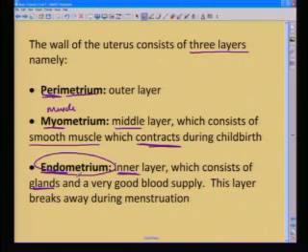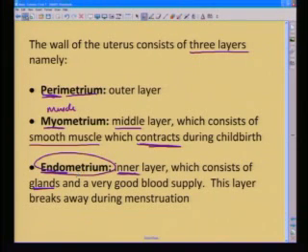Now the body works at building a new lining, just in case a little egg cell is fertilized and we have a new little diploid zygote that's going to want to find a nice, warm, protected place to start growing. If fertilization doesn't occur, the lining tears away, and so the cycle occurs. All right, it's this endometrium that is going to be tearing away.